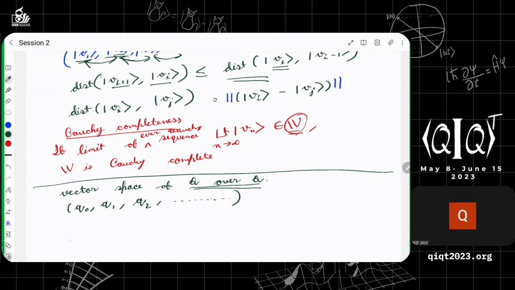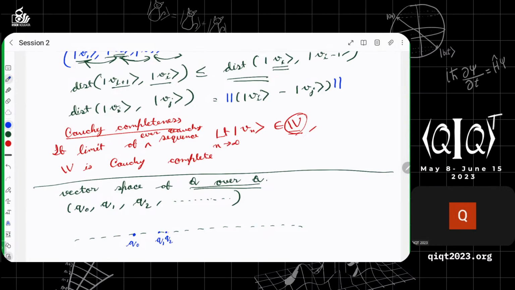So what does it mean? We have the number line, and the rational numbers are part of the number line, right? So there would be points on the number line here. Let's say we start with Q0, the first element of the sequence, and then we have Q1, and then progressively they will get closer.